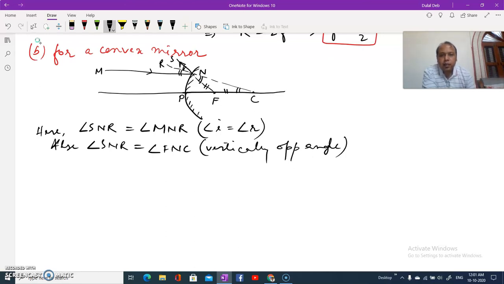Now one more condition we will consider here, that angle MNR is equal to angle FCN, corresponding angle.